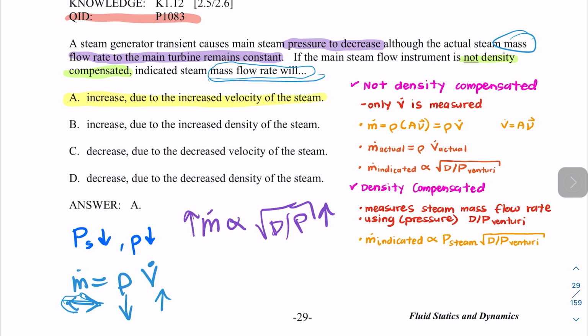So in this case, volumetric flow rate, it's going to be proportional also to my mass flow rate. So this one is increasing, right? As well.